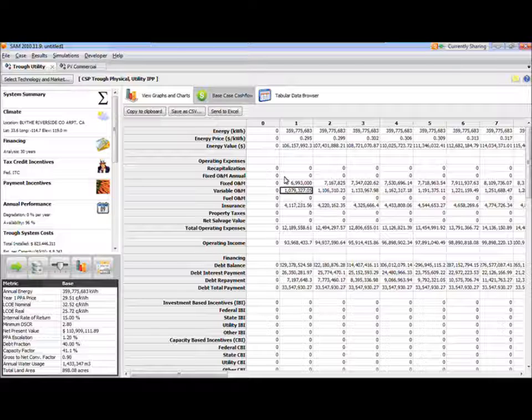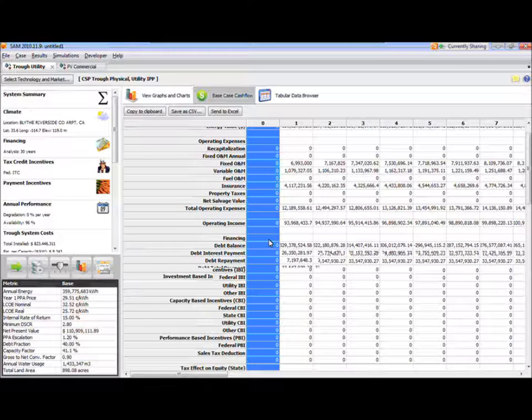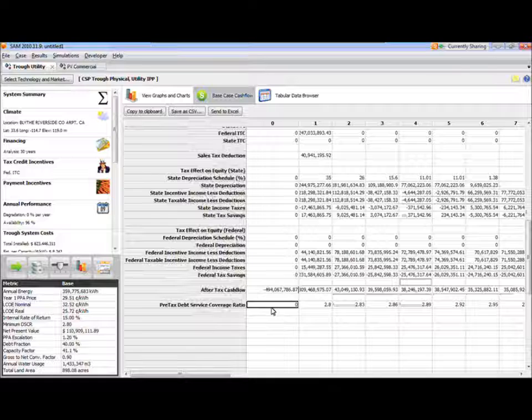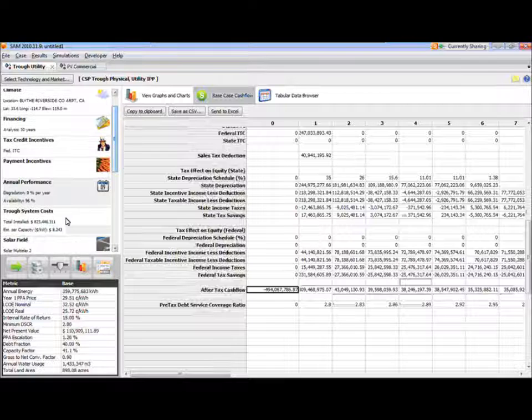Okay, so we're looking at the base case cash flow table, and if we look in the year 0 column at the after-tax cash flow amount, this is my investment amount. The total install cost for this system is $823 million. And the amount that the project has to pay in year 0 is $494 million.